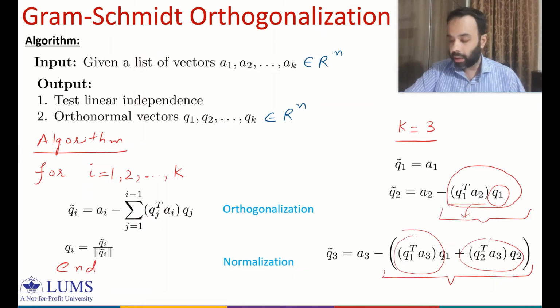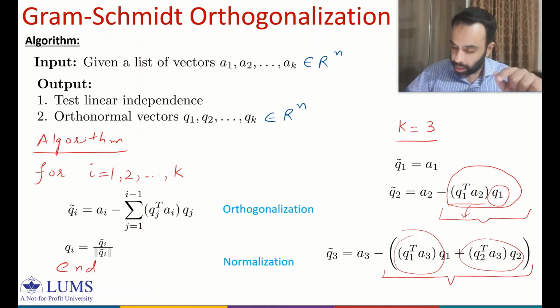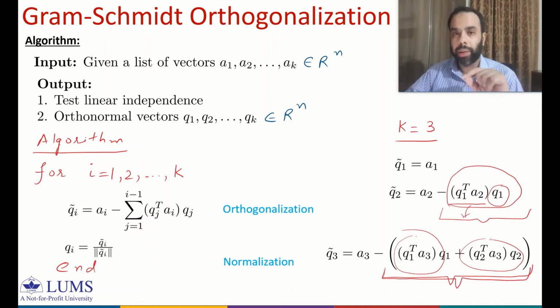What happens if A1 and A2 are linearly independent, and when you add A3, A3 is a linear combination of A1 and A2? Then what you get here, this term, would be exactly equal to A3, and when you subtract it from A3, Q3 tilde would be 0.